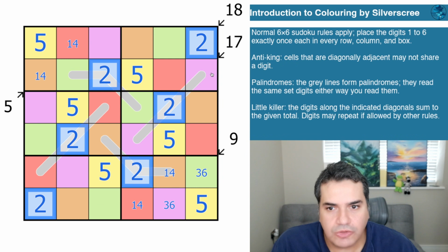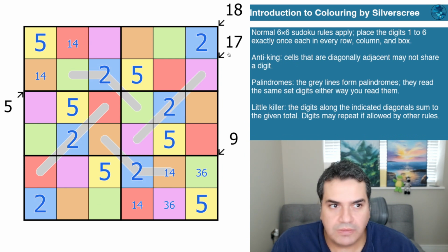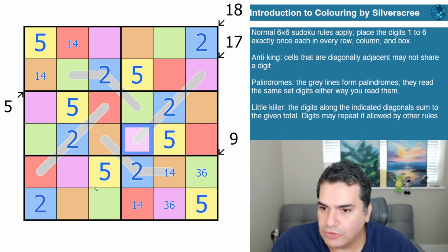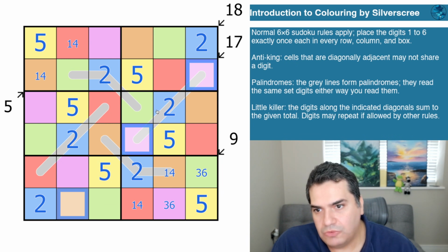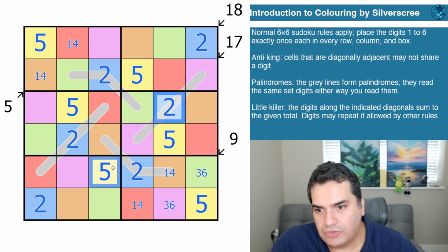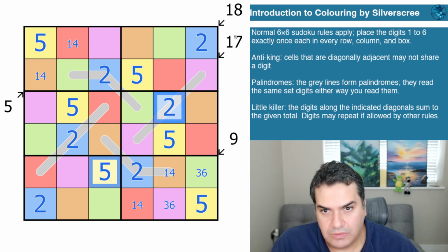Sorry, I keep calling them cages. 17 little killer clue to try and disambiguate what these are. You've got 2 purples and an orange. And we're going to have to figure out what this is. So we've got a 7, meaning we have a 10 remaining.